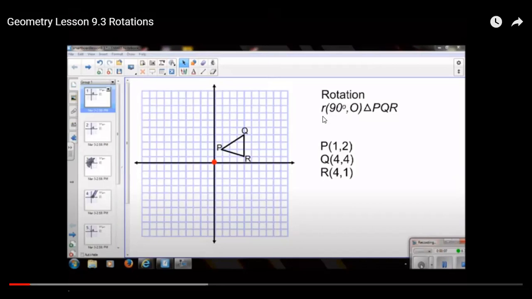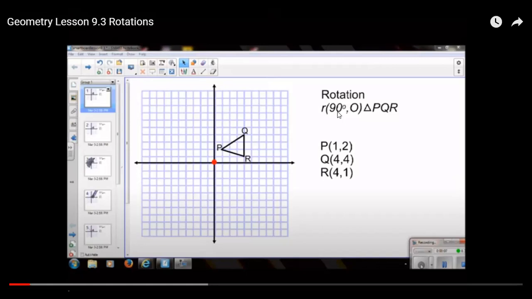Again, what's R? Rotate. What's 90? Angle. Did he mention counterclockwise or clockwise here? No, he put 90. So are we going to work with positive 90 or negative 90?